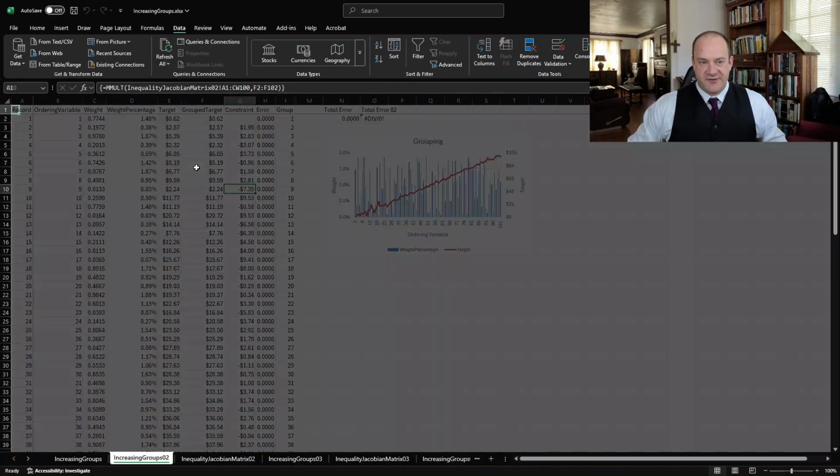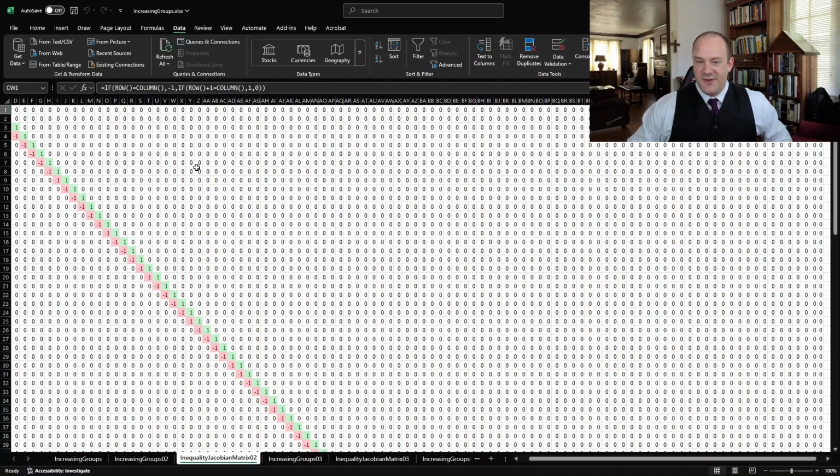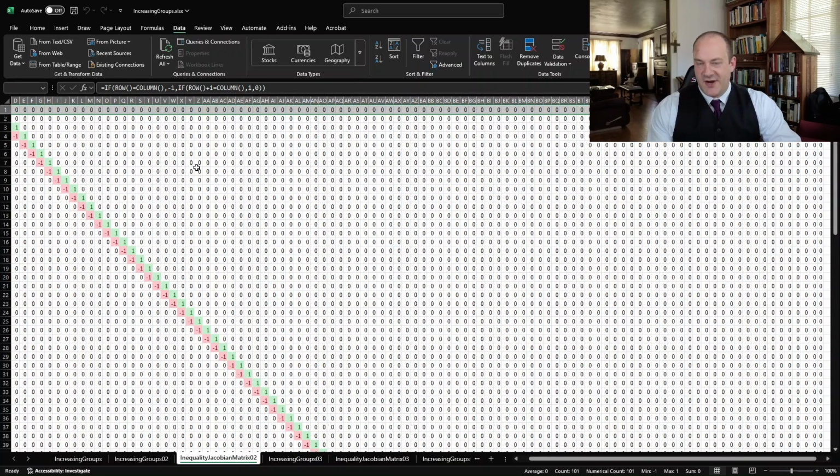What is that matrix? This matrix here, which contains mostly zeros. I've color-coded it so that the negative ones are red and the ones are green, and everything else is just 0. It has 101 columns because you have 101 components in your vector that you're going to be multiplying this by. So those have to be equal.